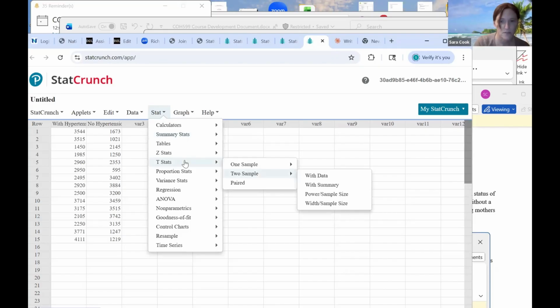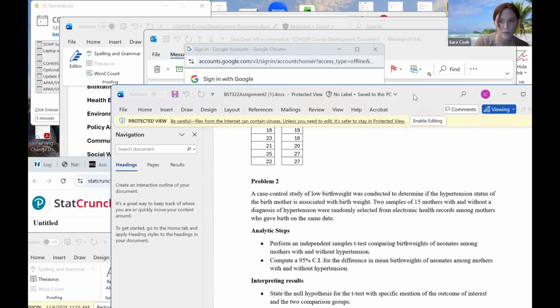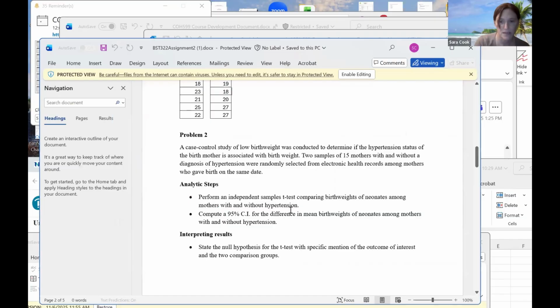So in this case, I'm not going to do a one sample t-test. I'm going to do a two sample. But let me go back to the homework actual narrative to make sure that we cover everything that we want to accomplish in problem two. So perform an independent sample t-test comparing birth weights of neonates among mothers with and without hypertension.